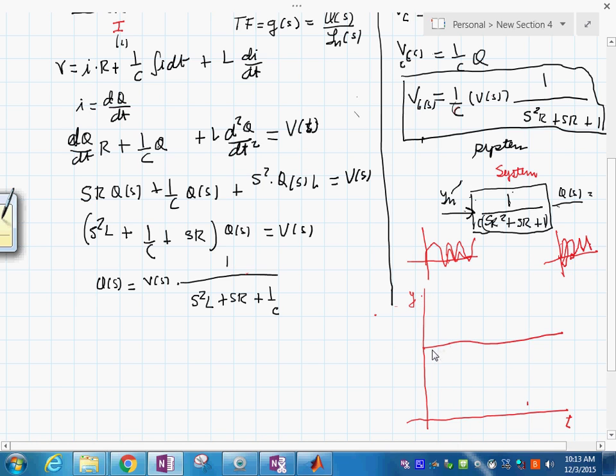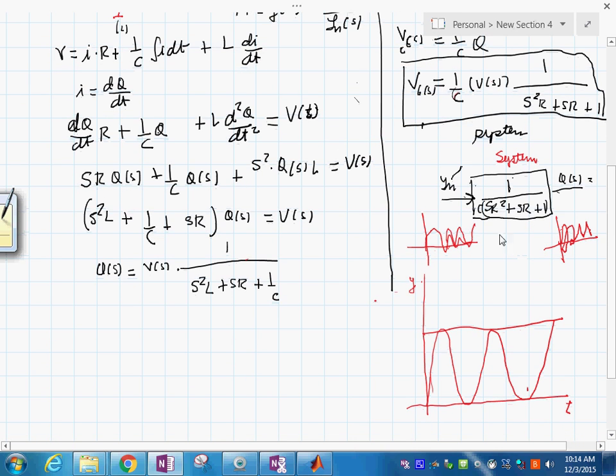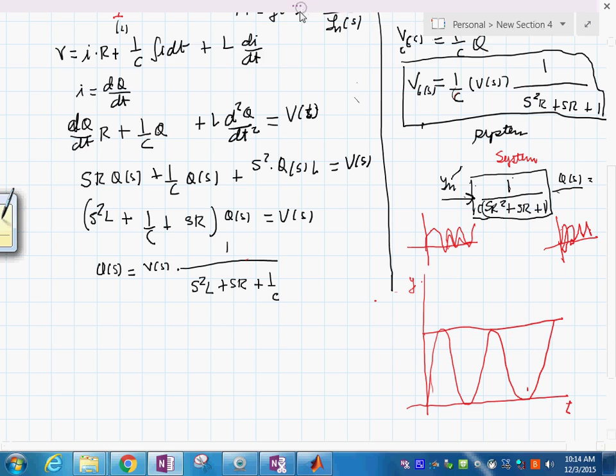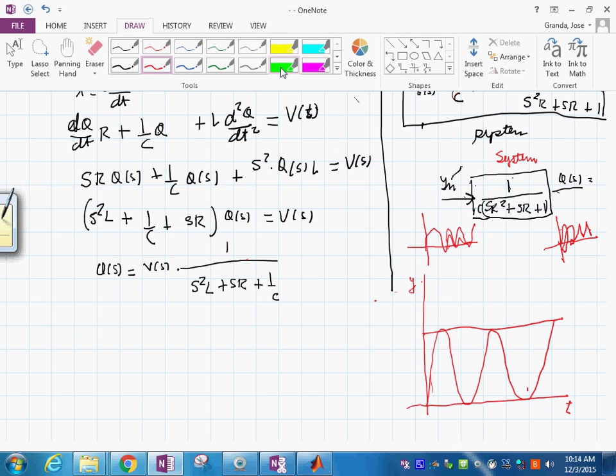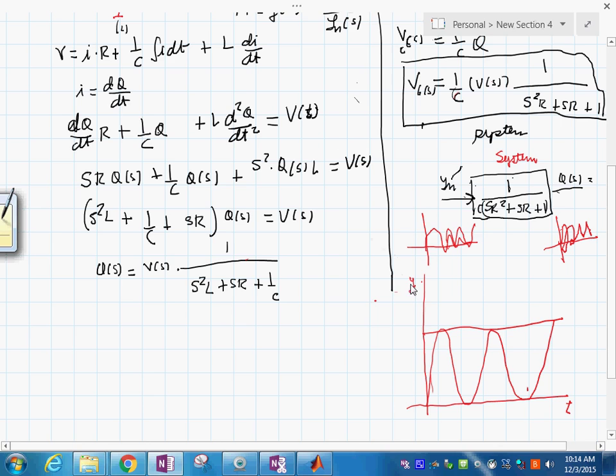If you put one signal here, it might look like this. But if you put the other signal there, I'm going to change color so that you can see it. Y and t.